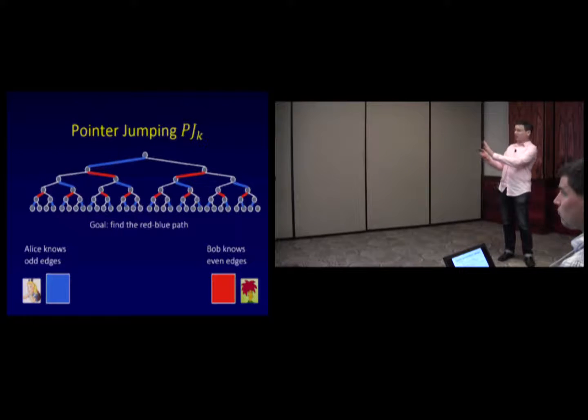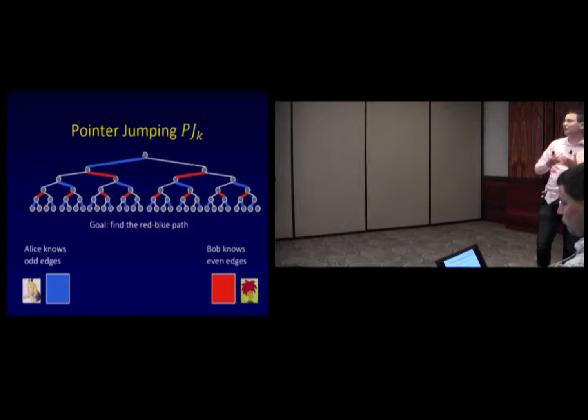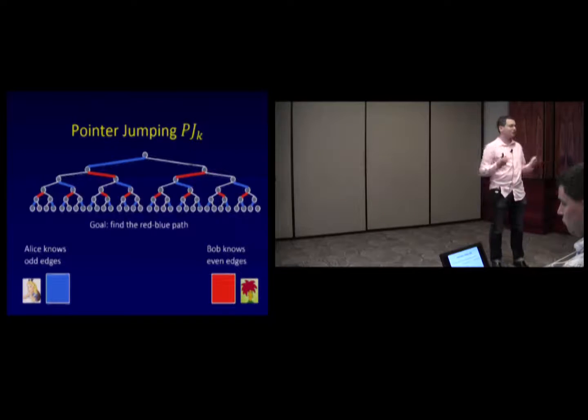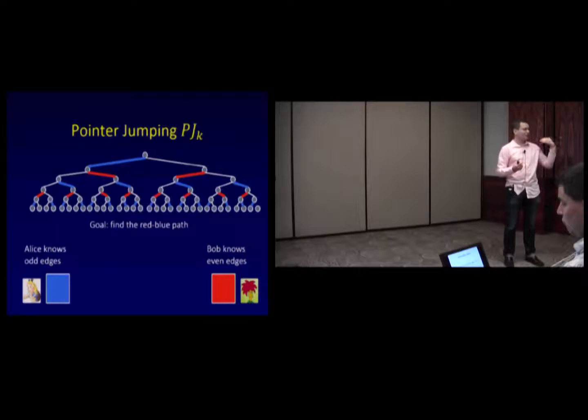But here's the specific problem that addresses 95% of all issues. So this is the k-round pointer jumping problem, and you should think about it as trying to simulate the most general possible k-round protocol. So what is the most general k-round protocol? They go in turns, so Alice speaks, then Bob speaks, then Alice speaks, and at each round, based on the previous conversation, the party whose turn it is to speak knows what to say, either a 0 or a 1.